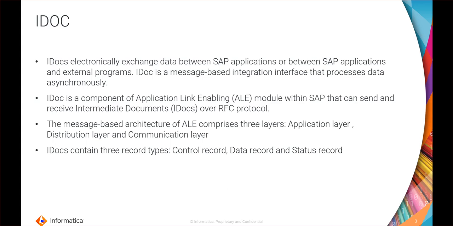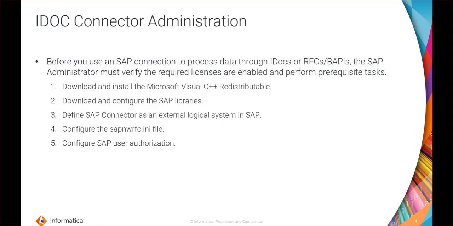Then moving on, the IDOC connector in Cloud Data Integration. These are the prerequisite steps needed to establish this connection. First, we need to download and install Microsoft Visual C++, if our Secure Agent machine is on Windows. The second step is to download and configure the SAP libraries.